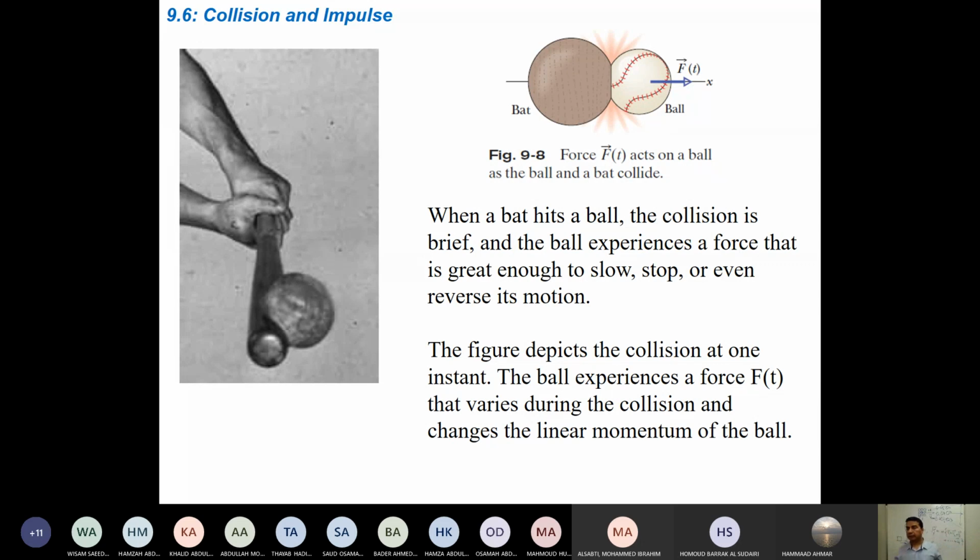So during that collision, there is an action and reaction happening. There is a single force, and the object that we consider is the ball. So the ball is applying one kind of force, and there is another force, the reaction force, on the ball, which is moving the object to the left direction.